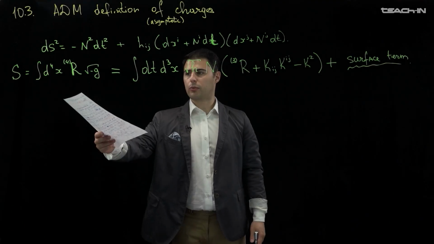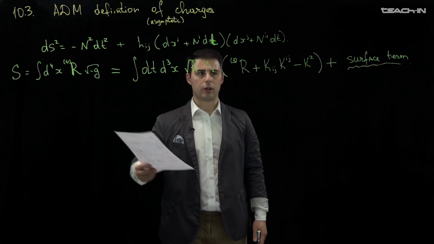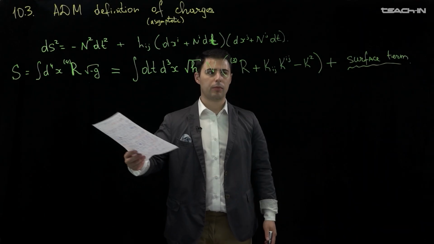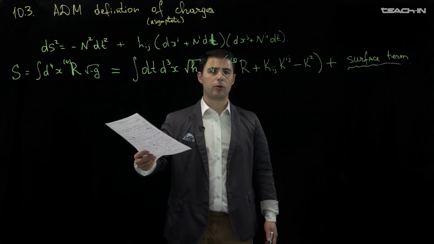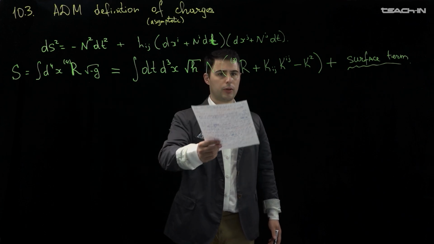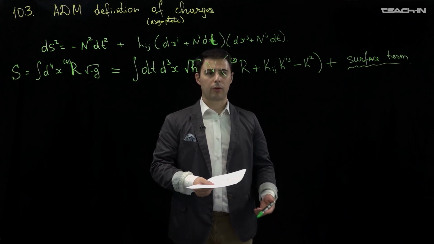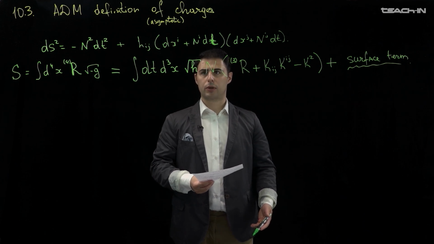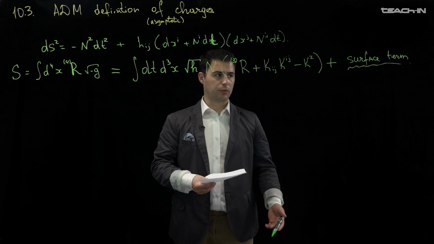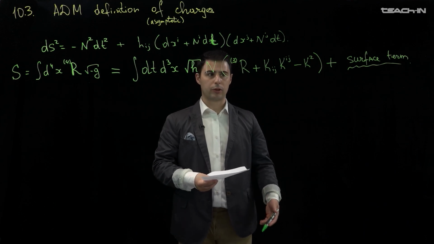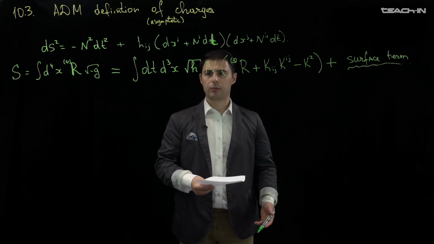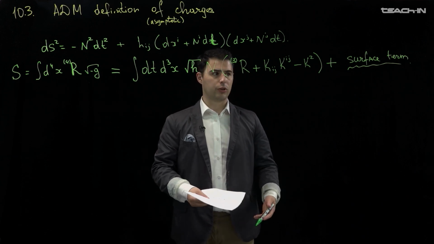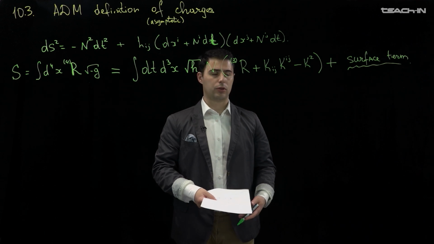These surface terms come from the decomposition of the four-dimensional Ricci scalar into its three-dimensional parts. If we wrote all the terms explicitly, we would also have covariant derivatives of the lapse and of the shift. However, they are total derivatives, and therefore they are surface terms.